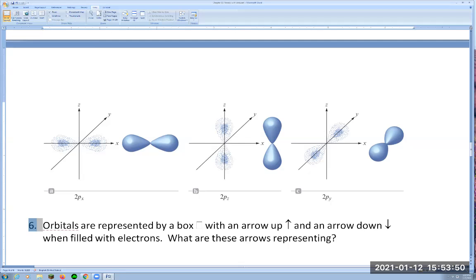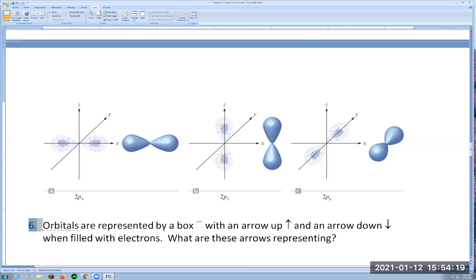Electrons are spinning, which means they are rotating around themselves, around an axis. One electron will spin in one direction, and that would be the arrow up. The other electron in that orbital with the first one will spin in the opposite direction, and that would be the arrow down.